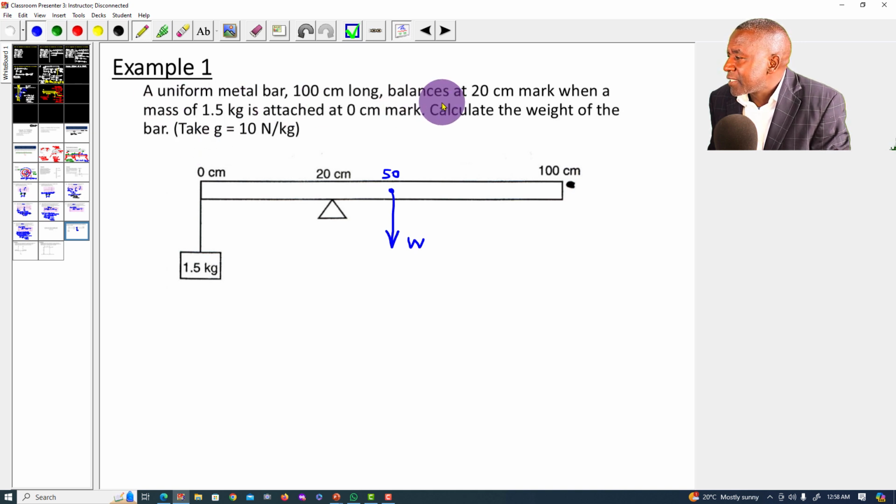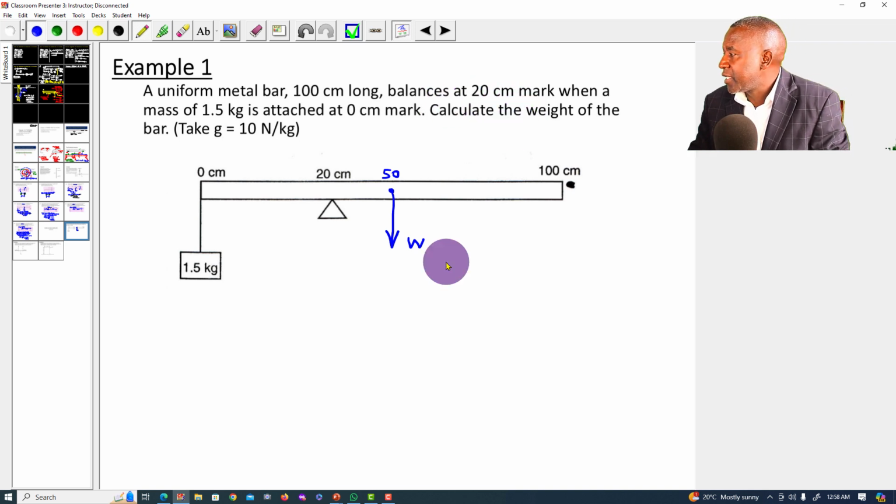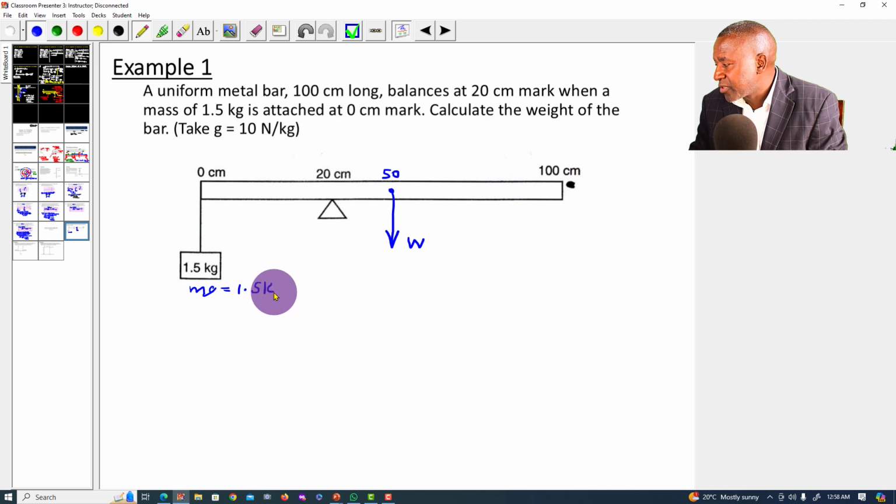So the weight attached here, we can get this weight as mg, which is going to give us 1.5 kilograms times 10 Newton per kilogram.